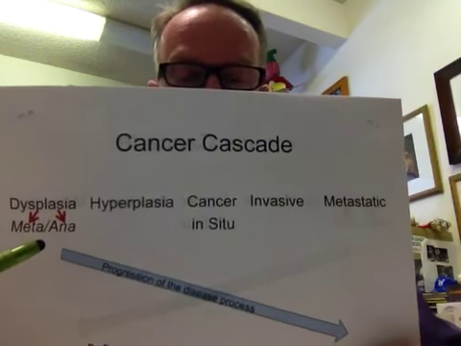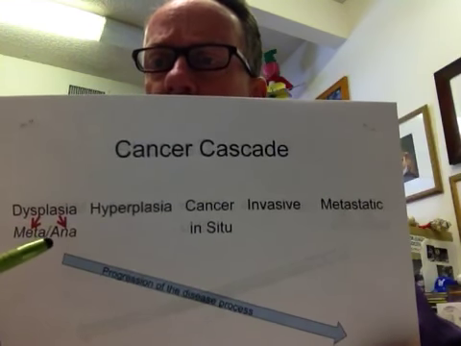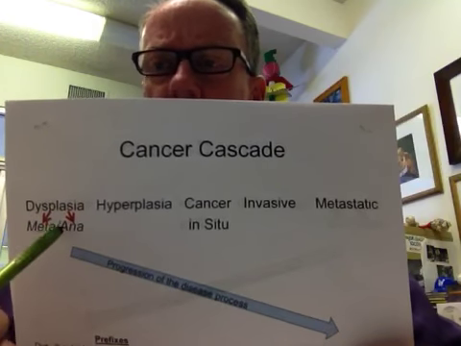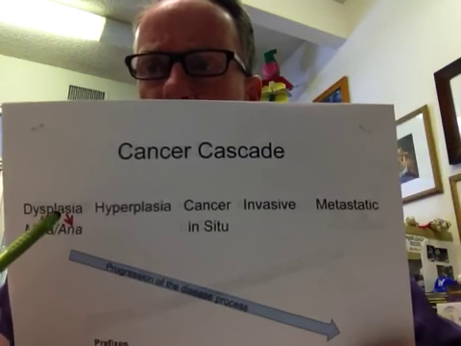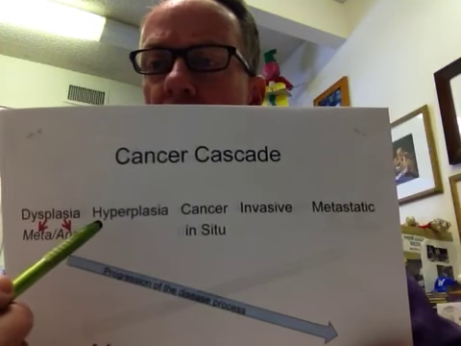Anaplasia is where there's a crescendoing of the numbers of misshapen cells. Very often the progression then is in this direction, leading to hyperplasia, where more and more cells are being produced. Cancer is typically a disease of the proliferation of cells.